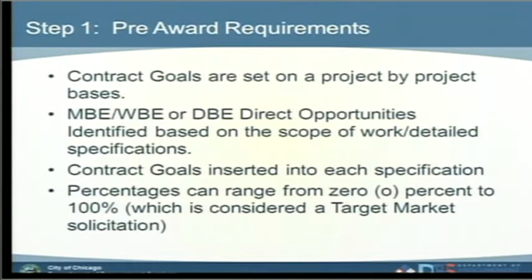The contract goals are inserted into each specification depending on the specificity of the contract and the scope of work. The percentage of the contract and the participation of the W, the M, or the D could range from 0 to 100%. It could be 100% minority participation, or it could be 0, depending on what the scope of work is. If it is 100%, it will be considered a target market solicitation.